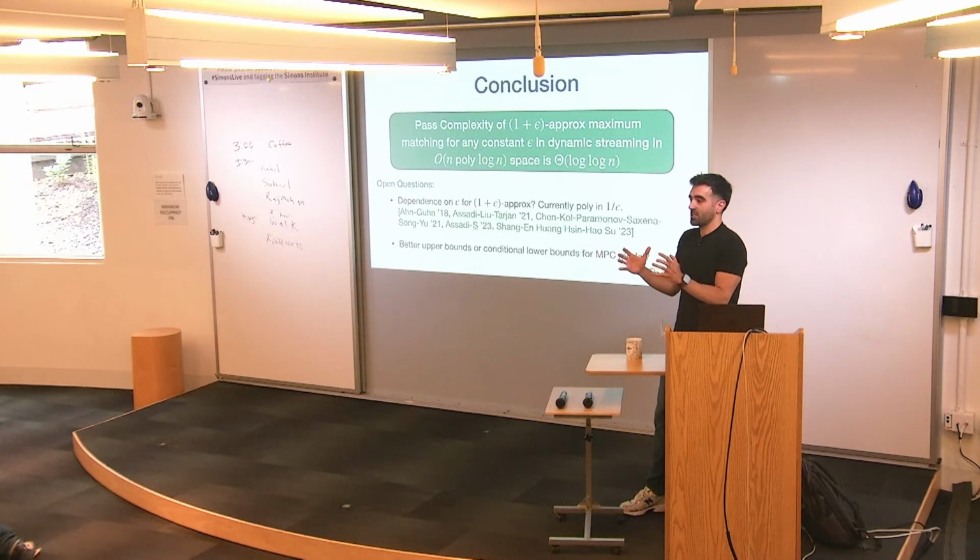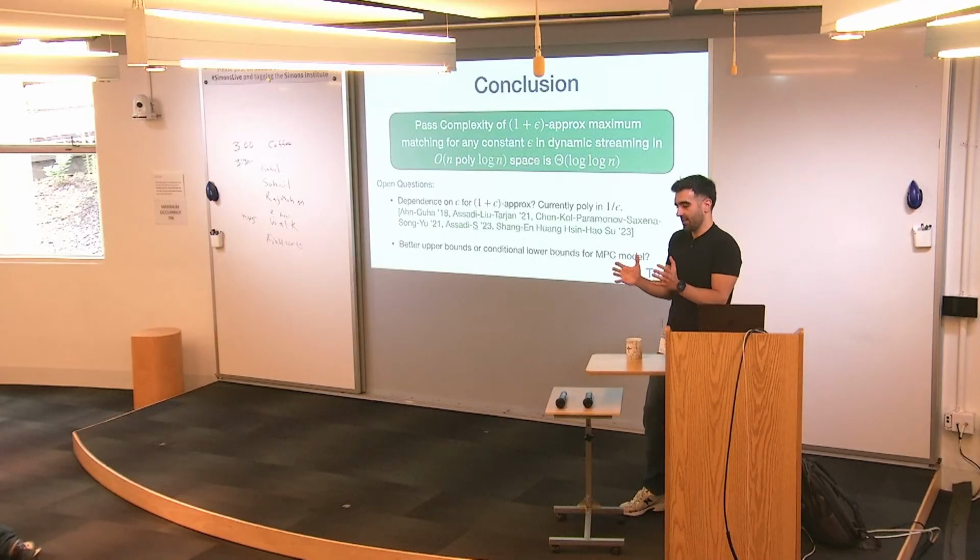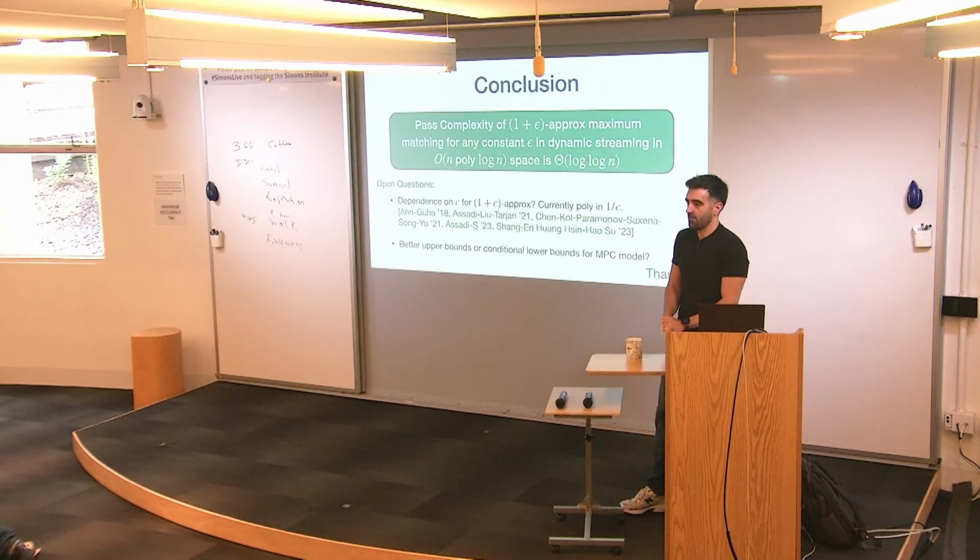You will have enough space to store all of the edges between them if the set is sparse enough and the number of vertices in the set is small enough. Then you can just store everything. So as things are inserted and deleted, it's fine. You only look at the edges at the end of the stream, what remains in the subset. So it's robust to deletions, basically. All right, thanks.